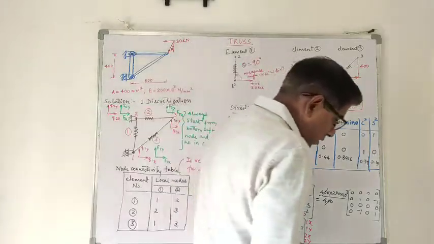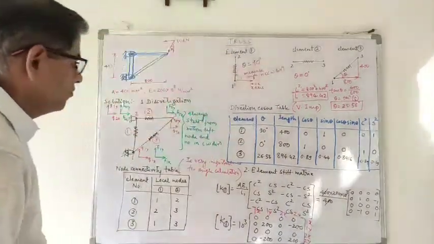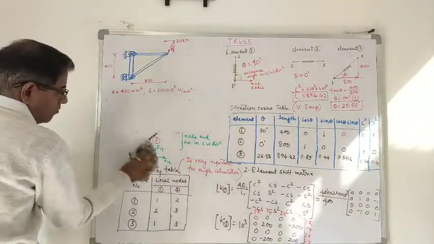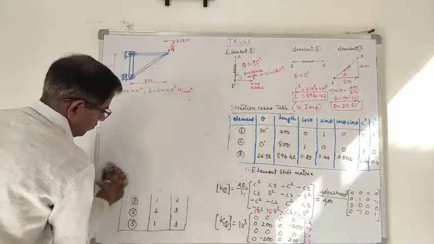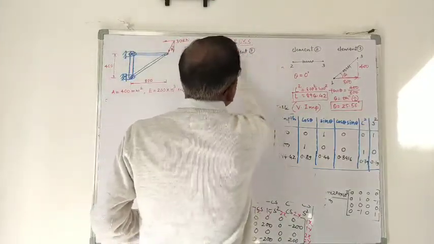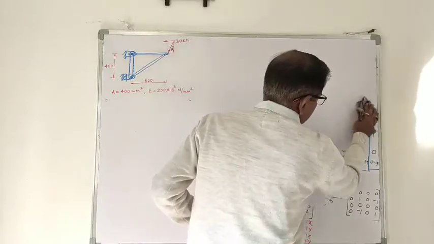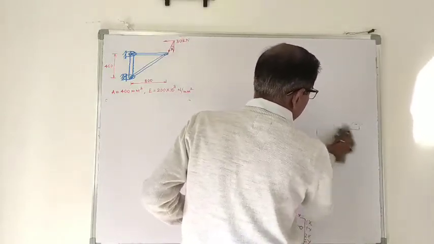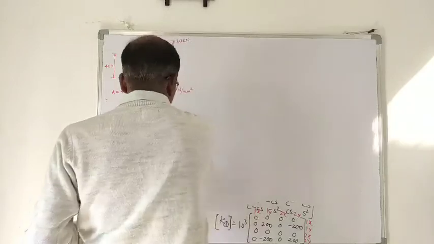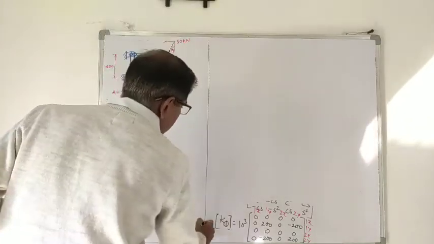So I write down the stiffness matrix for the second element and third element as K2.